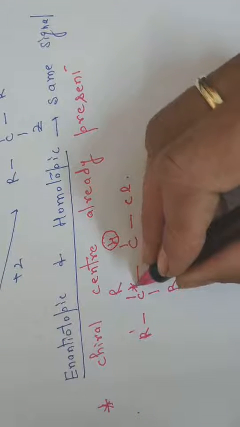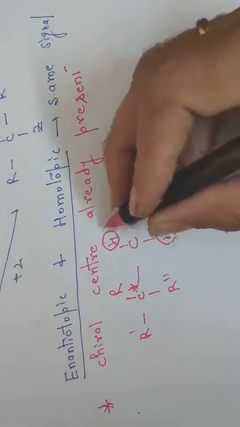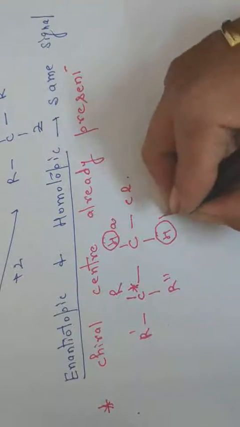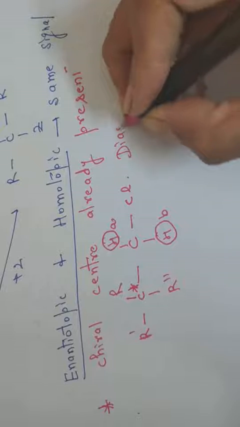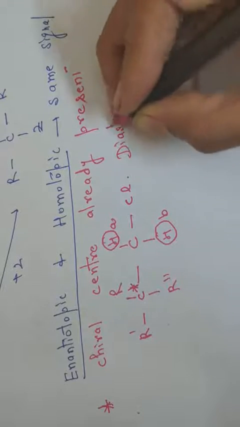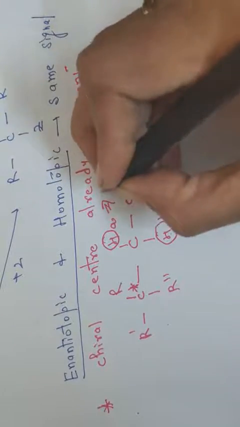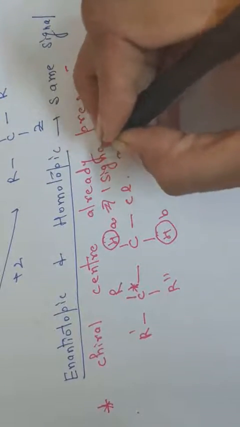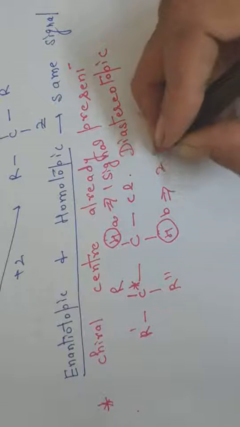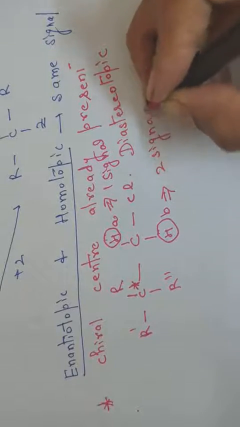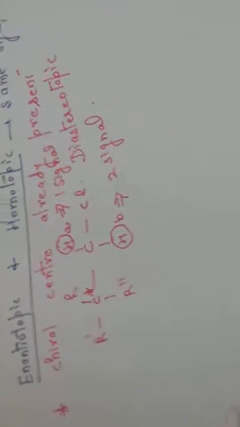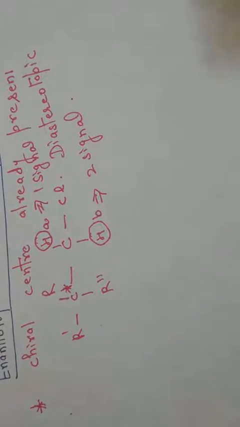Whenever a chiral center is present, the relationship between these two hydrogen atoms would be diastereotopic. So HA will give one signal and HB will give the second signal in the NMR spectrum. So in total you would have two signals in the NMR spectrum.